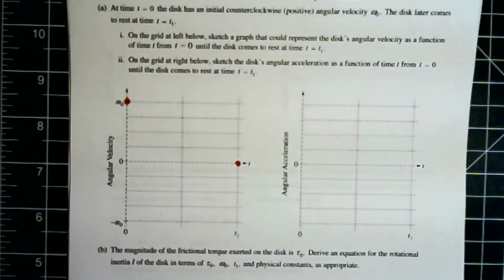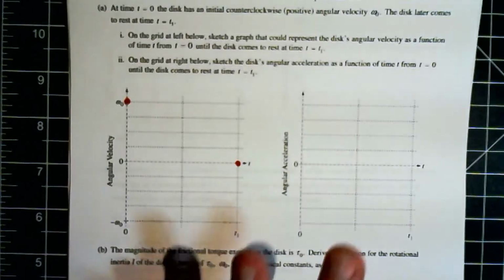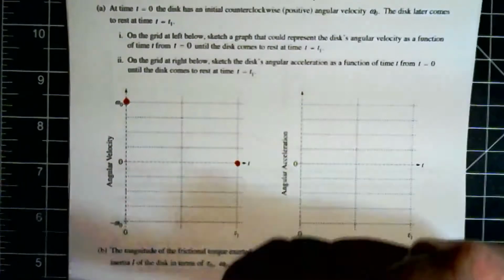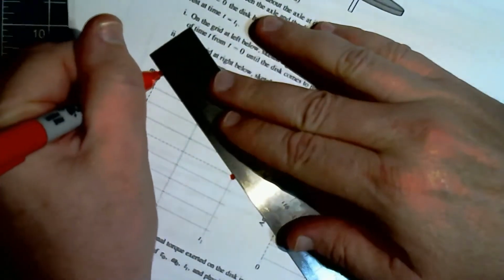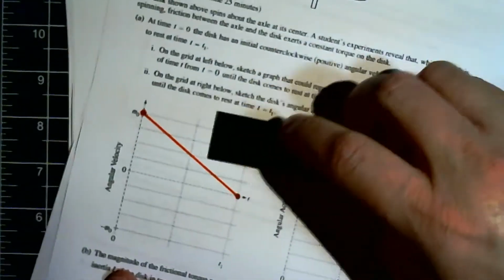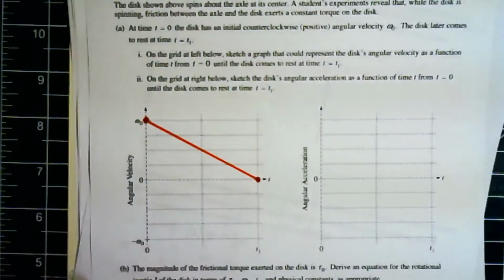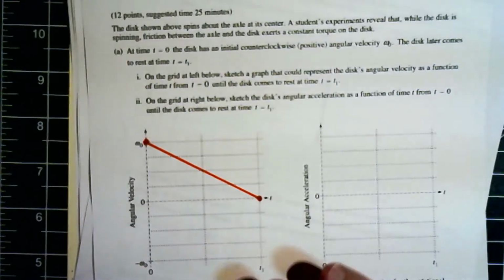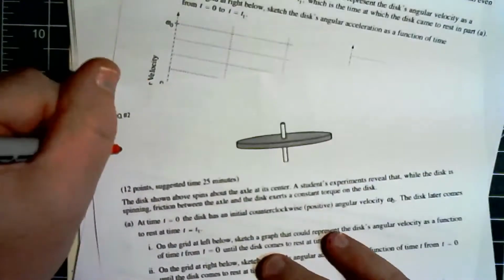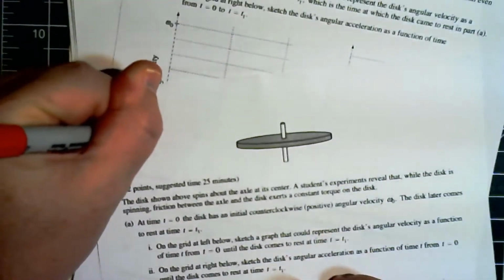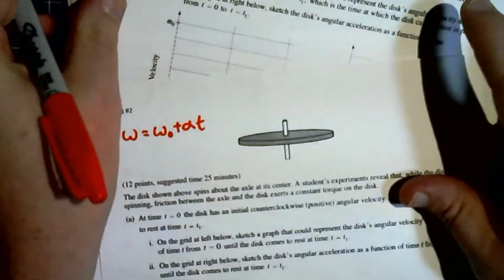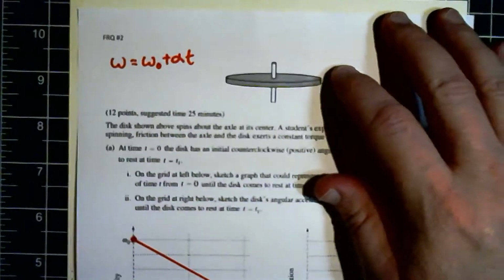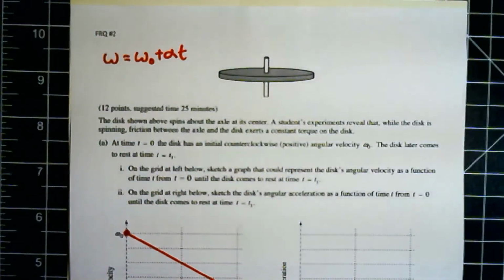Right? So what do you do now? Well, if you remember, for a constant acceleration, in this case a negative acceleration because it's slowing down, there's going to be a linear change in velocity, like so. And if you need to remember why it's linear, look at the equation for omega. Omega is equal to omega naught plus alpha t. That is a linear equation.